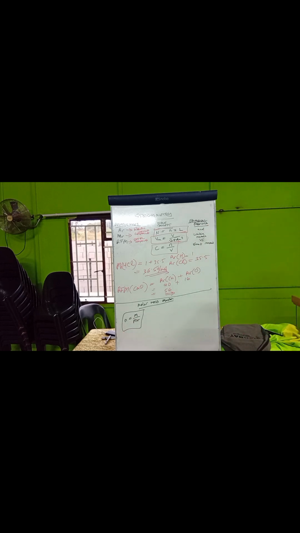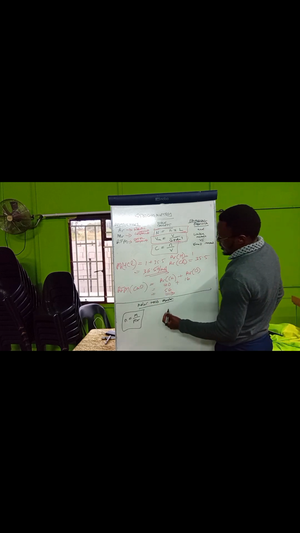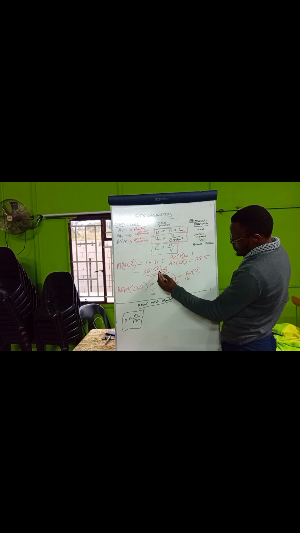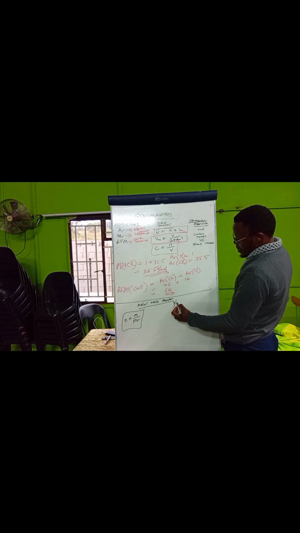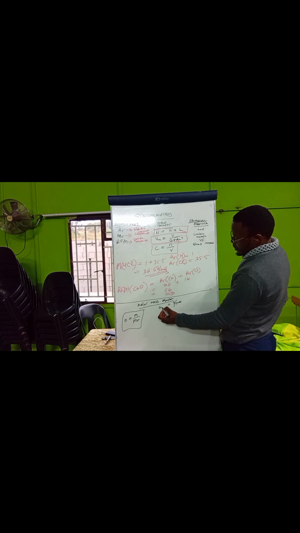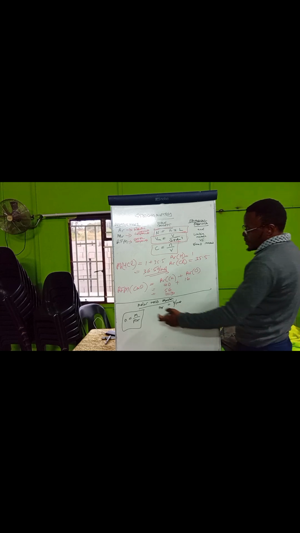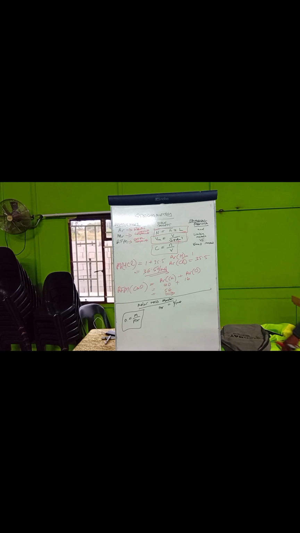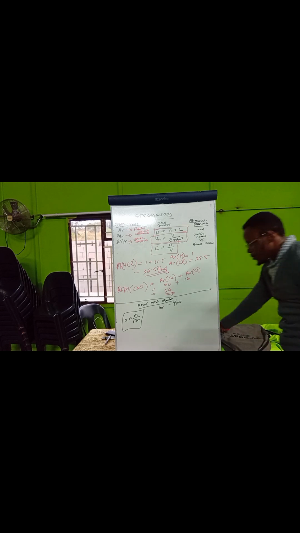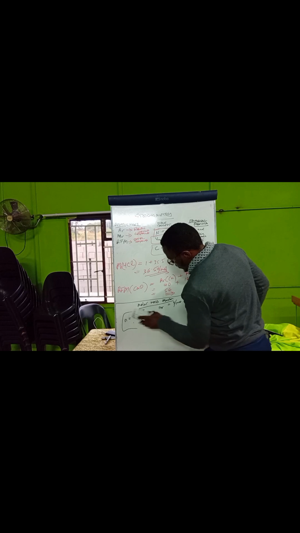Now, one way of remembering this is to understand that the units for molar mass are what? Grams per mole. So because the molar mass is grams per mole, that means if you want to find the MR, oh, actually, I converted it wrongly.